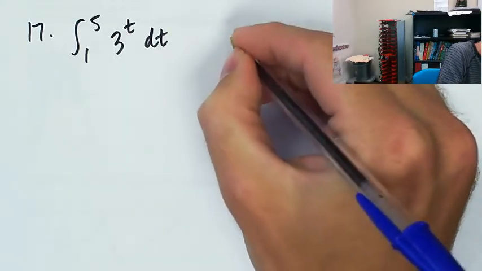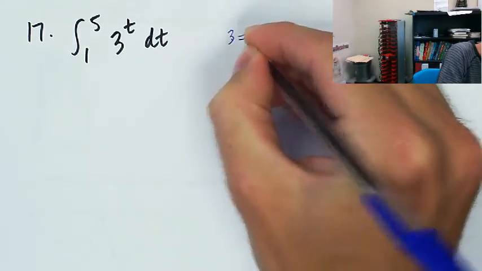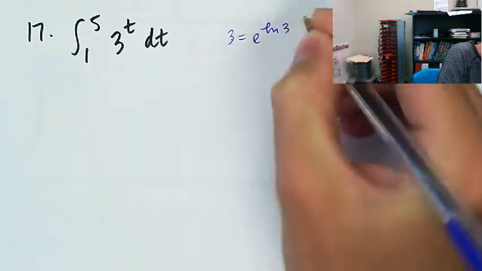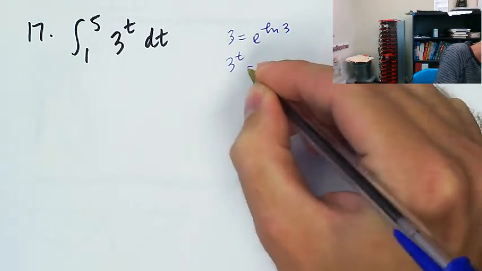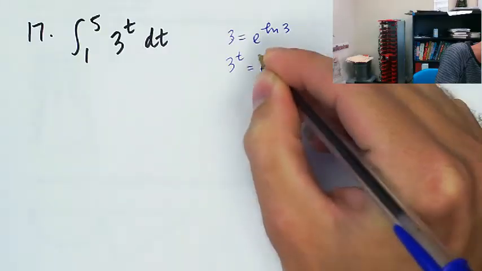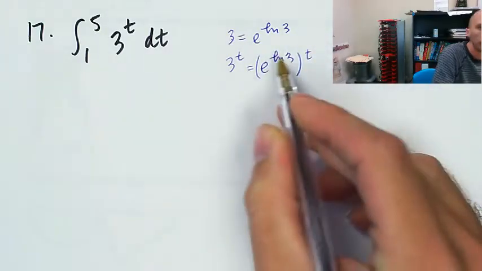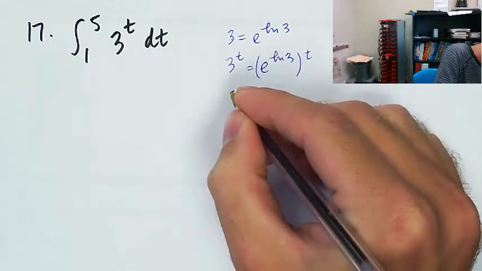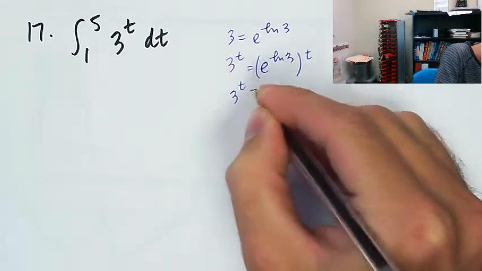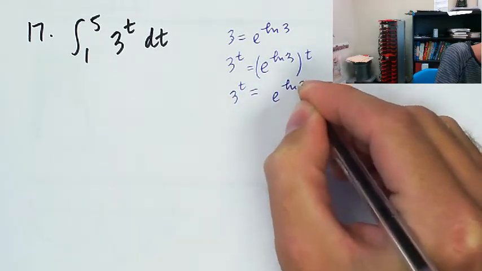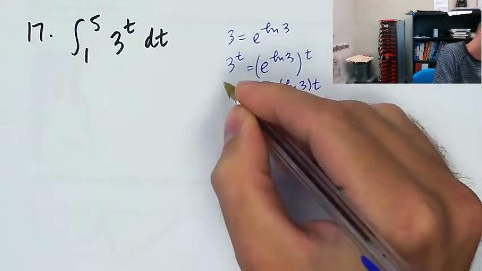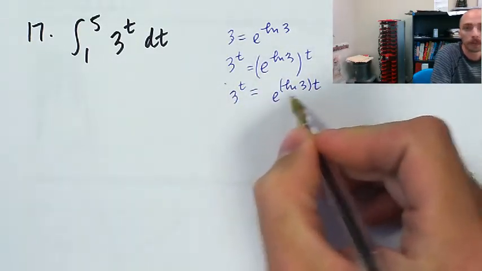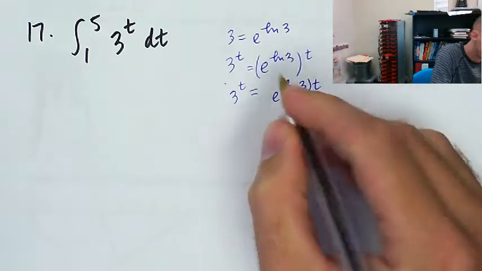So I'm going to say, well, 3 equals e to the natural log of 3, meaning 3 to the t equals e to the log 3 to the t, which is the same as e to the log 3 multiplied by t.